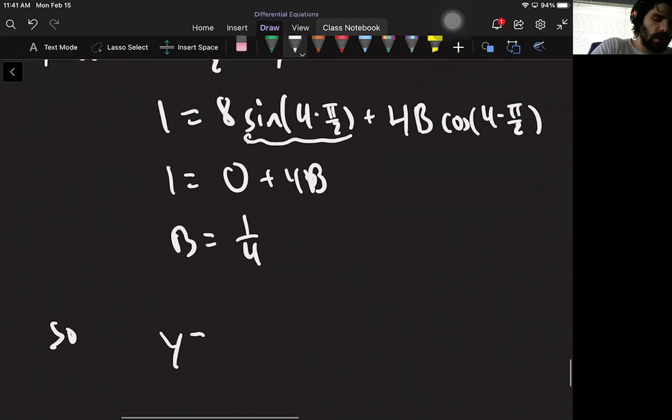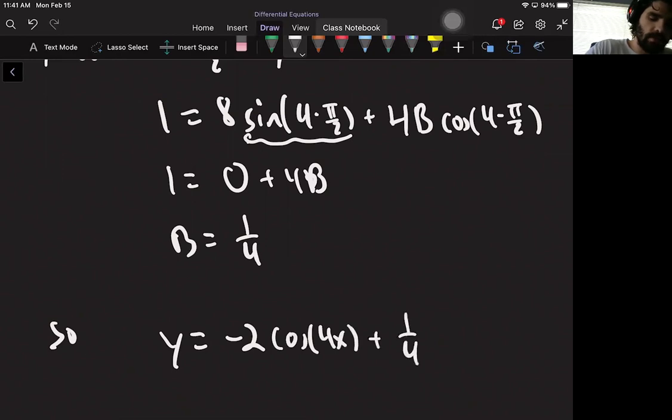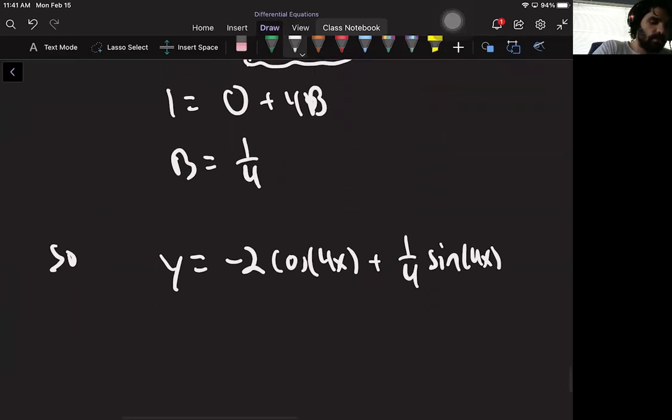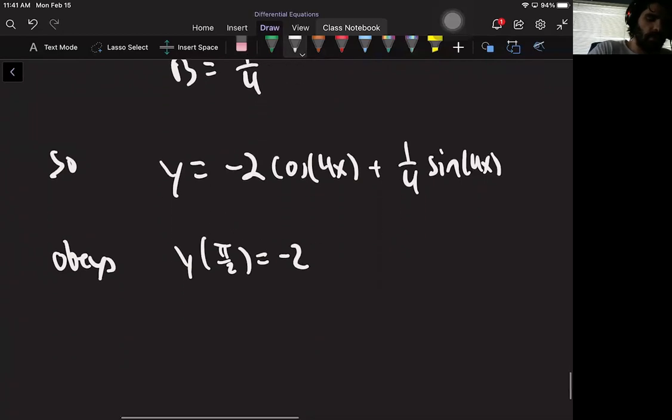So this means that y equals -2 cosine of 4x plus 1/4 sine of 4x obeys both conditions. It'll go through the point (pi over 2, -2), and its derivative at pi over 2 is 1.